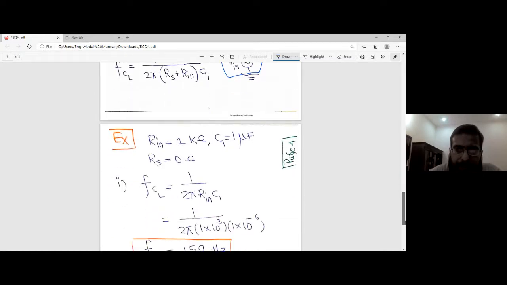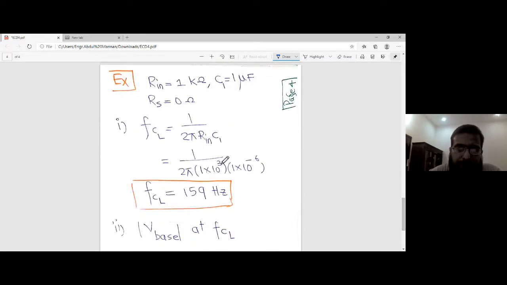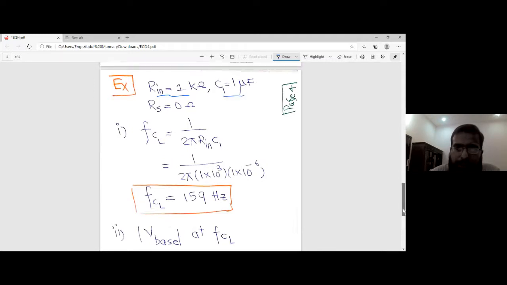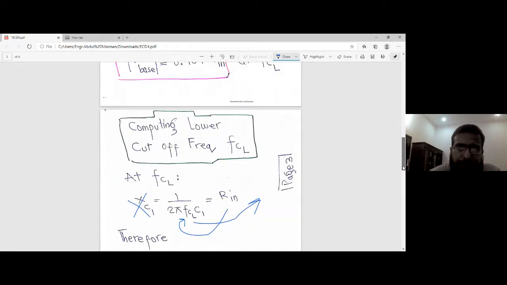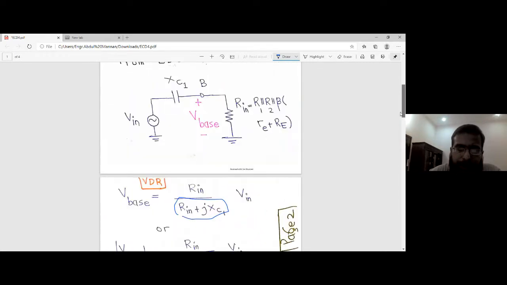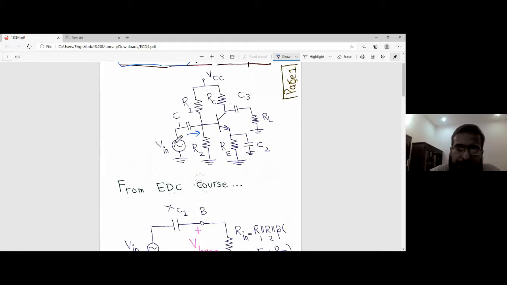As the last part of this lecture, we have to solve a very simple example where we are given a BJT amplifier where Rin is 1 kilo ohm, C1 is 1 microfarad. What is C1? C1 is this coupling capacitor, the input coupling capacitor.